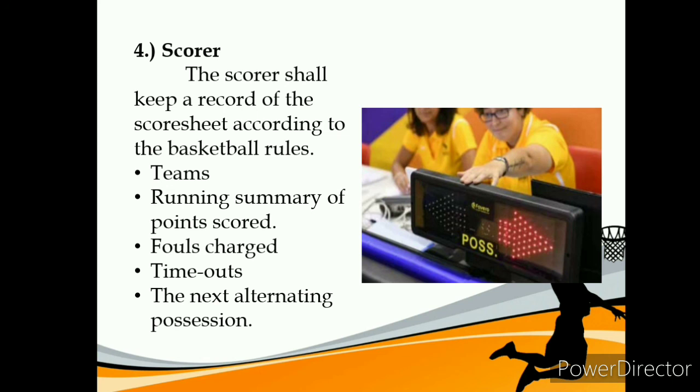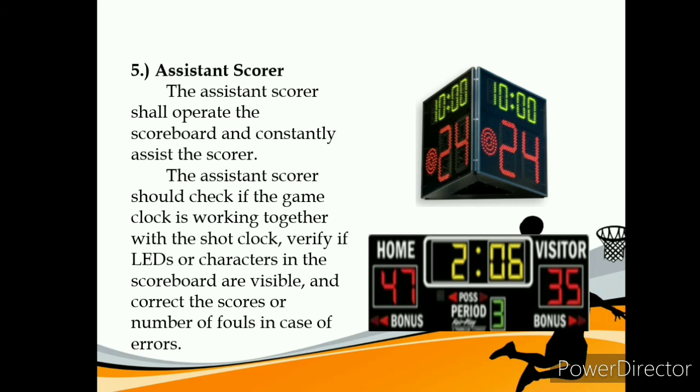Another is timeouts, wherein the scorer must inform the officials and coaches about the remaining time in timeouts. And also they control the next alternating possession, wherein the scorer will continuously update and show an arrow on the table to identify which team is possessing the ball.